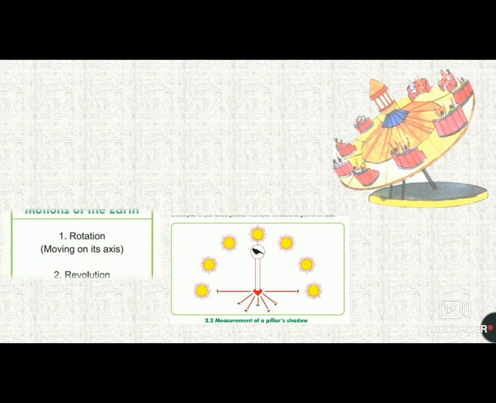At the time of sunrise, the shadow will be at one side. As and when the sun gets higher and higher, the shadows will get decreased by size. Similarly, when sun sets, the shadow will fall on the opposite side of the sunrise. This proves that the earth is revolving.